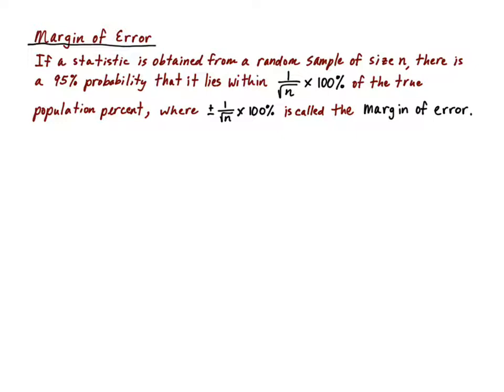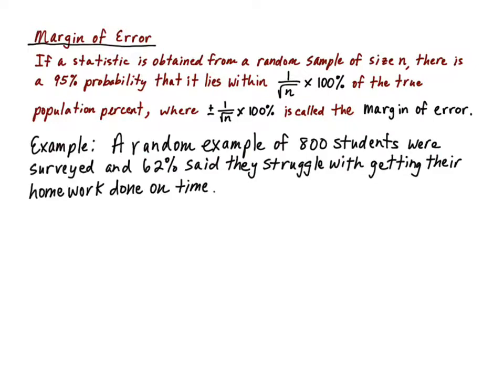All right, so let's go ahead and look at an example here. It says a random sample of 800 students were surveyed, and 62% said that they struggle with getting their homework done on time. And so we're going to find the margin of error for this poll, the statistic, the 62%.